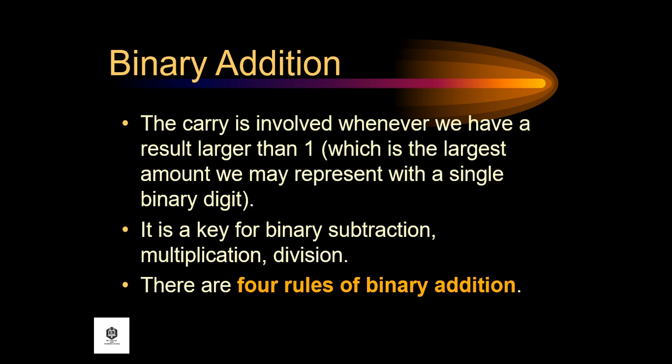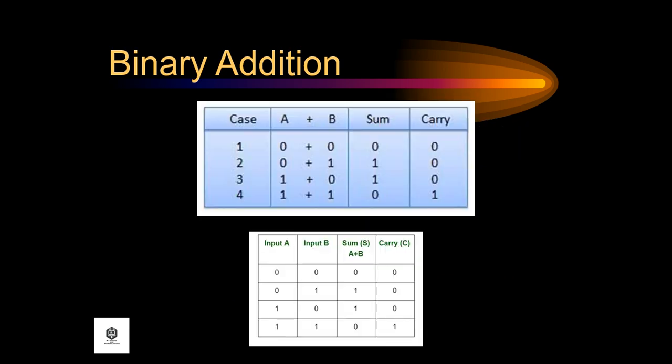There are 4 rules of binary addition. For example, 0 plus 0 is equal to 0. 0 plus 1 is equal to 1. 1 plus 0 is equal to 1. Then, 1 plus 1 is equal to 0, carry over 1.